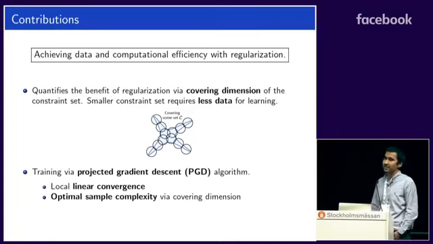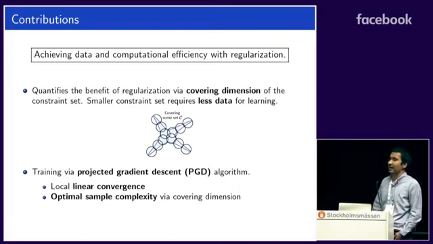Secondly, for training, we analyze the projected gradient descent algorithm, which is a slight modification of gradient descent that also takes into account the regularization part. We show that projected gradient descent can achieve linear convergence around the global optimum, with near optimal sample complexity in terms of covering dimension.